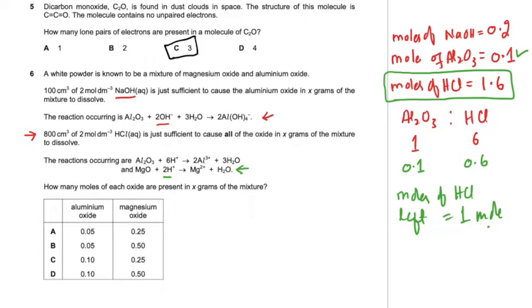And if there is 1 mole of HCl, it means 0.5 mole of magnesium oxide will be used. So moles of magnesium oxide is 0.5 and moles of aluminum oxide is 0.1. So the answer is D: 0.1 mole of aluminum oxide and 0.5 mole of magnesium oxide.